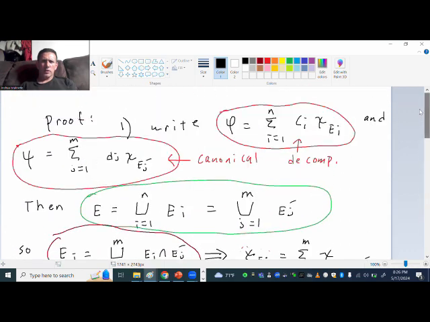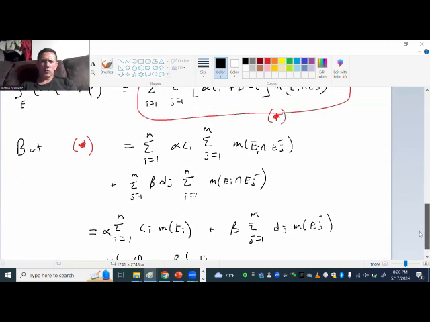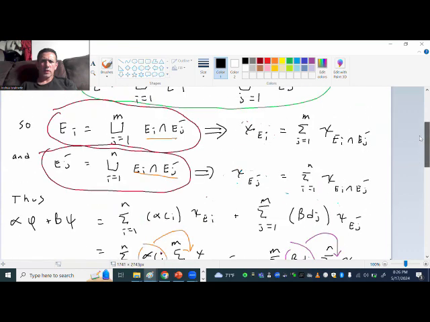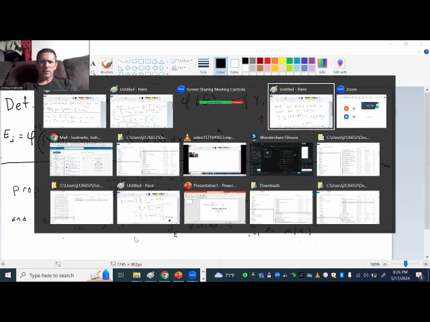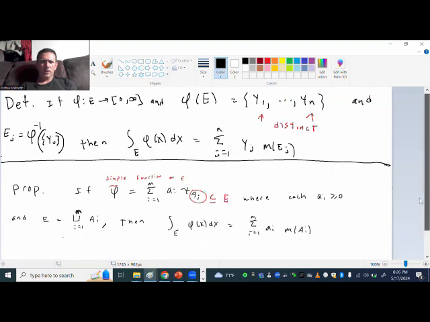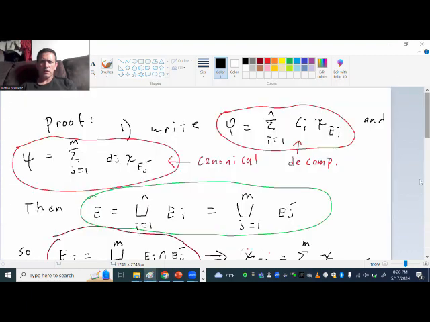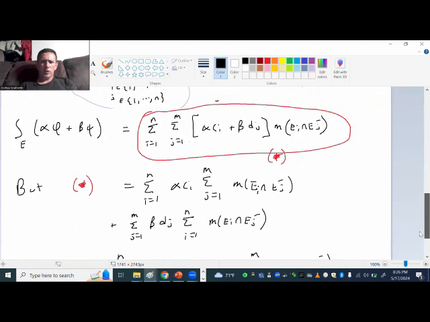There's actually no need to assume alpha and beta are positive. You can assume they're equal to 0, and this would also work. You can assume these are non-negative, and that would work too. But anyway, easy proof.